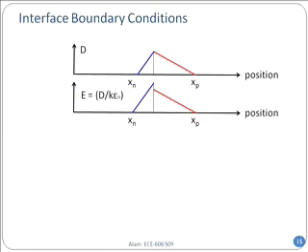Another thing about interfaces, remember, displacement is continuous. If you have the same material on both sides, then the electric field as well is continuous. But if you have two different materials with two different dielectric constants, then electric field is not continuous. It is only the displacement that is continuous. So be careful when you draw the diagram, whether it's continuous or not.